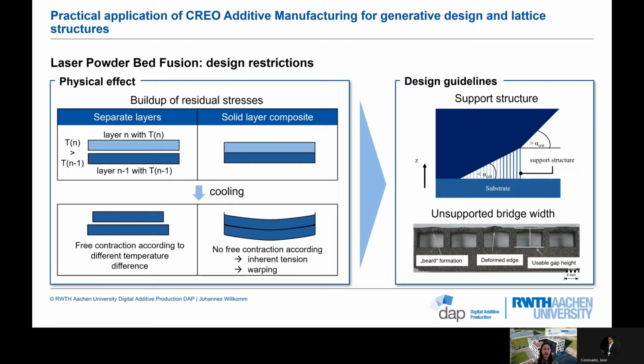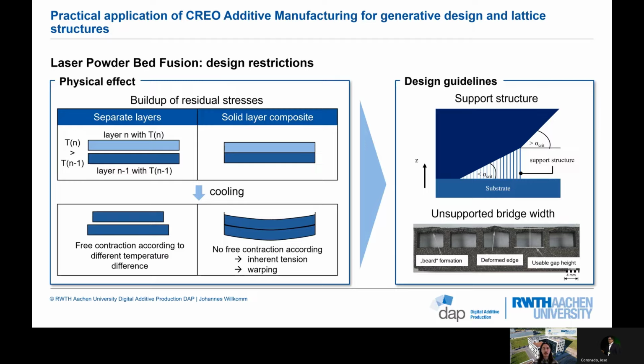On the left, you can see the effect on the theoretical model where each layer is separated, but in reality the layers are bonded, and this leads to the residual stresses in the part after the process. And for overhanging features, these stresses result in a deformation.